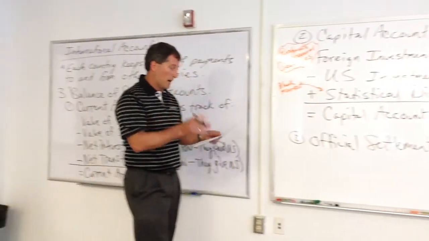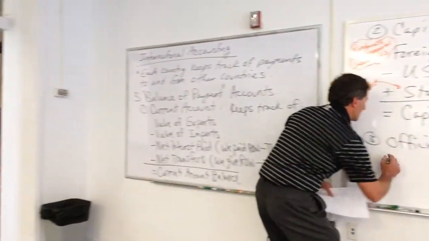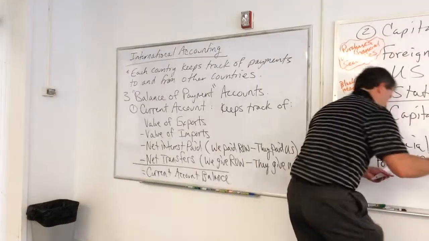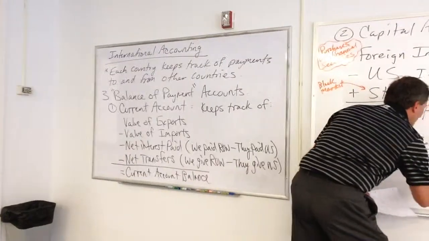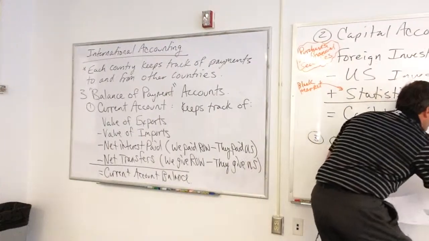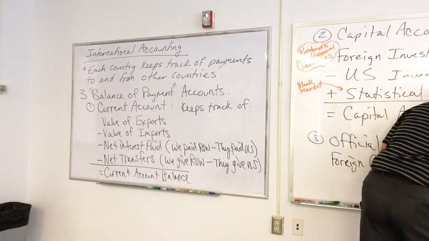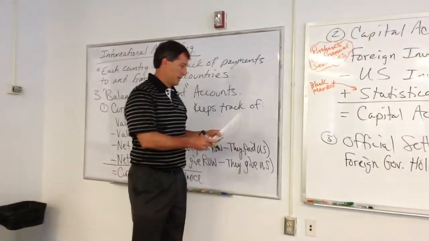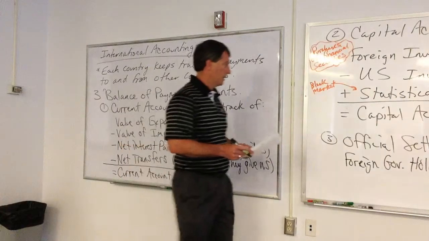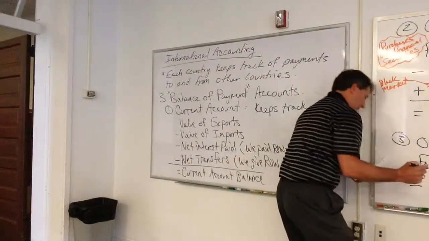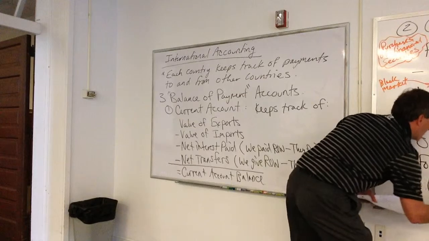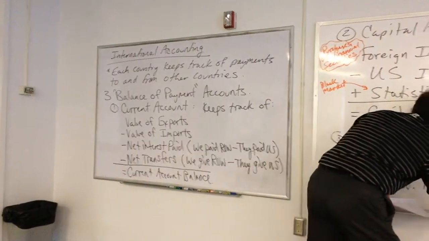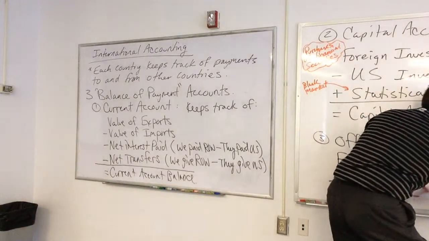All right, so this is the government holdings. So this is foreign government holdings of U.S. currency, minus U.S. government holdings of row currency.